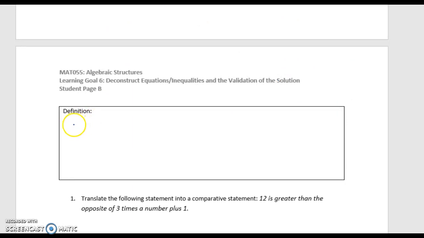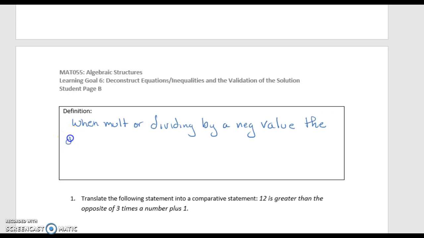So in our definition box, we want to say when multiplying or dividing by a negative number, negative value, the direction of the inequality sign, if you want to put here, must switch to keep the statement true.